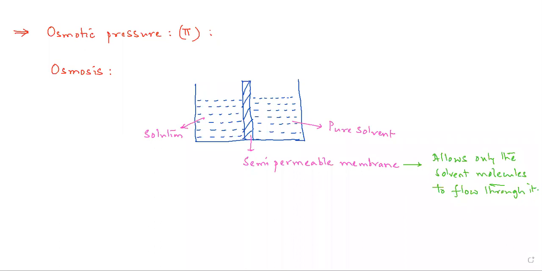See, generally the semi-permeable membranes employed are animal membranes, like pig's bladder. You can also use the skin of egg after boiling it. These are the natural semi-permeable membranes.